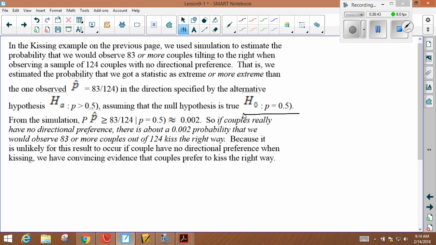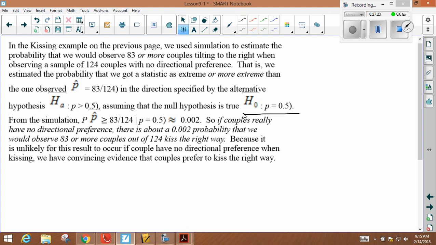If there's actually not a preference, then over the course of many, many observations, you should see that people tilt one way or the other an even amount of times, right? So half of them tilt right, half of them tilt left, if there is indeed no preference, just like flipping a coin. A coin has no preference, right? It's a fair coin. After many, many observations, you should see that the proportion of heads should approach 0.5, right? Same thing here.